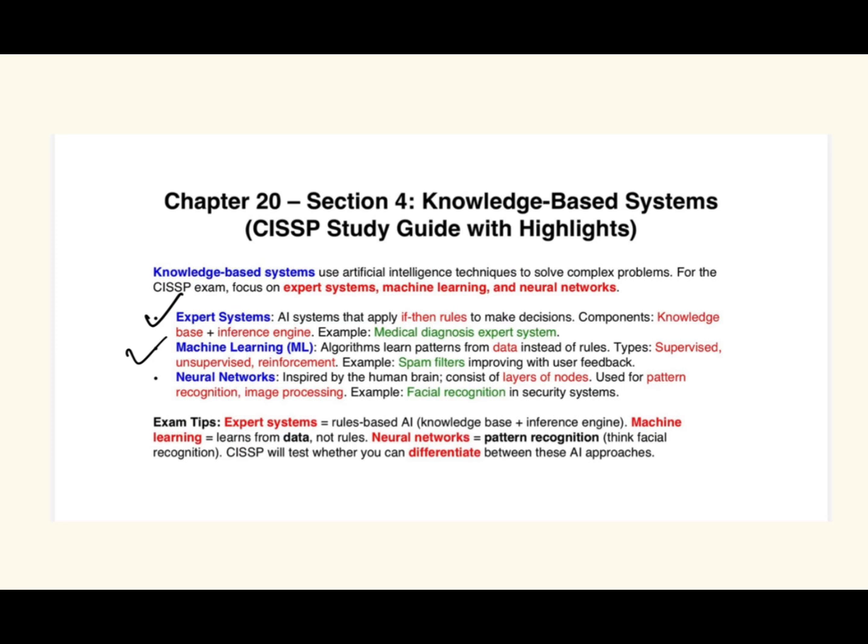Okay, so the third one is neural networks. It is inspired by the human brain, built from layers of interconnected nodes, or neurons. Excellent for recognizing complex patterns: pattern recognition, image processing, speech recognition, behavior analysis.